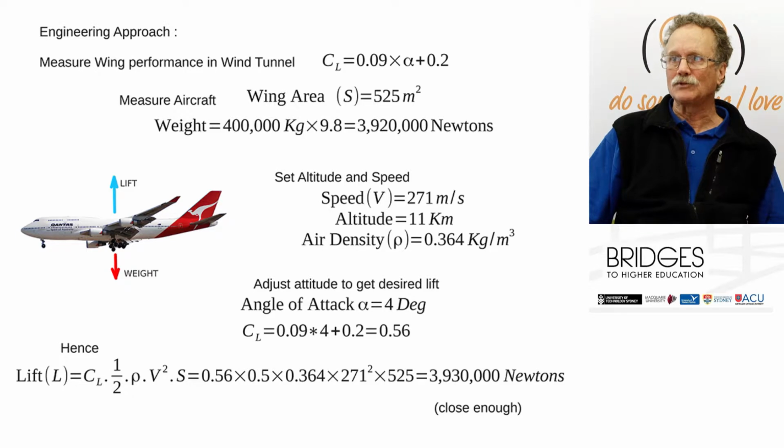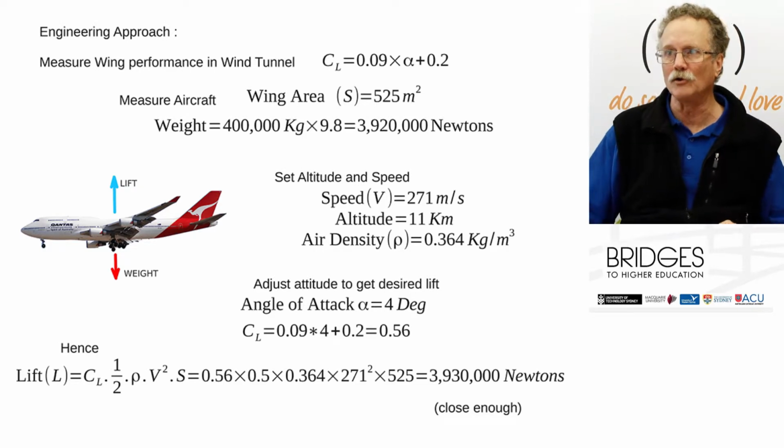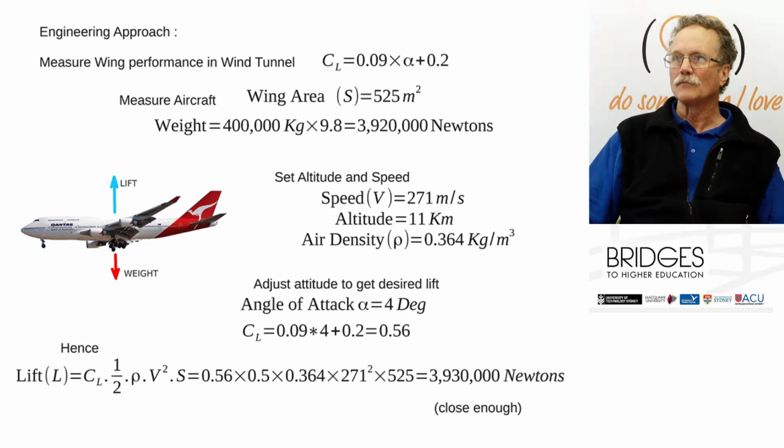If we set an angle of attack about 4 degrees, put that into our formula, then use our basic definition of lift, half rho v squared area times the lift coefficient, put the numbers in, then what we'll get is a lift at that altitude and that speed of around about 3.9 million newtons. The weight of the aircraft in newtons is about 3.9 million. So with those parameters, those results, that jumbo jet will produce lift equals weight and will fly.